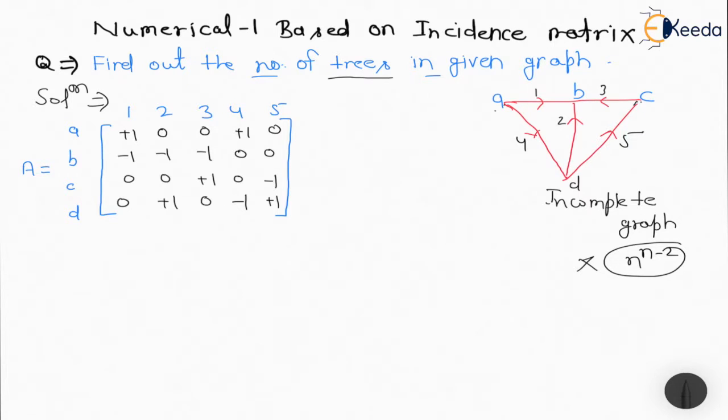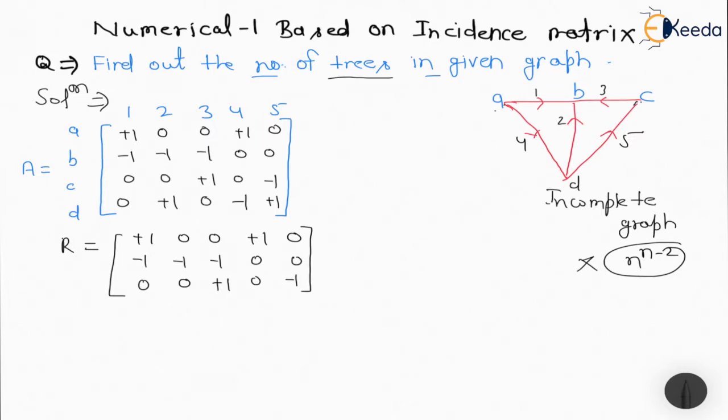So what will be the reduced incidence matrix? The reduced incidence matrix will be R, and R can be written by removing one row, and we will remove the last row, D. So R is: plus 1, 0, 0, plus 1, 0; minus 1, minus 1, minus 1, 0, 0; 0, 0, plus 1, 0, minus 1.